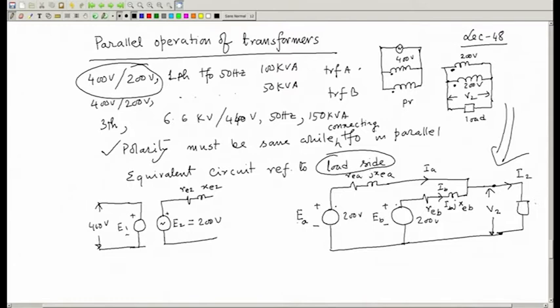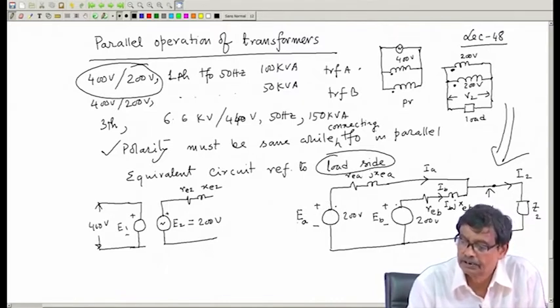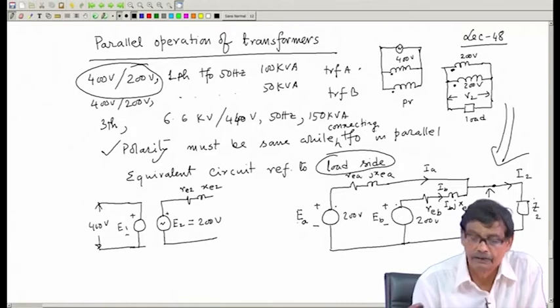There is a load connected, this is your load impedance, and all the equivalent circuit parameters are referred to the secondary side, the load side. So transformer A's equivalent circuit is simply EA, ReA, jXeA and so on. Here also EB, this one.